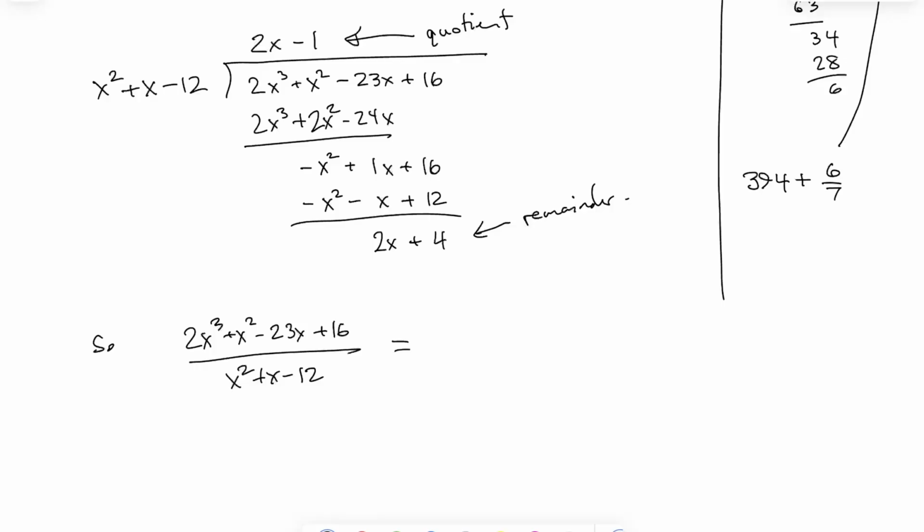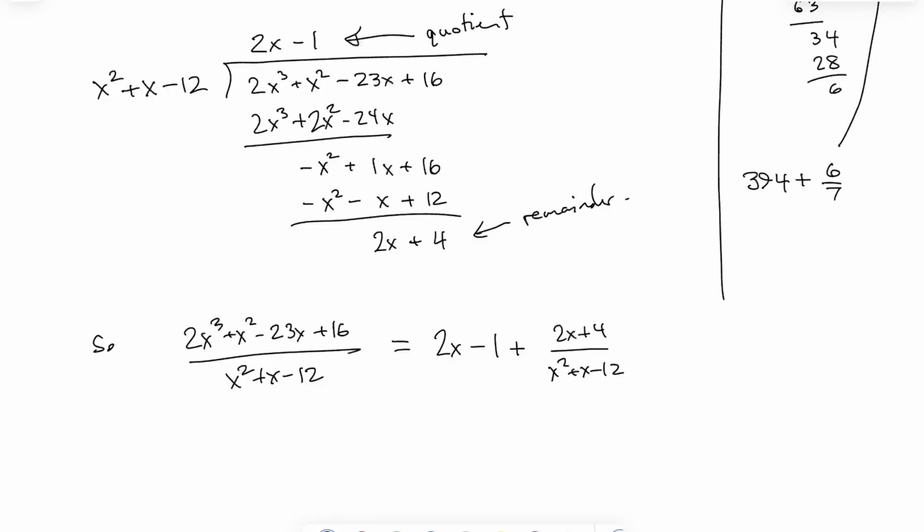The answer is 2x minus 1. And then plus some remainder piece, and that remainder would be 2x plus 4 divided by the original denominator, right? That's the remainder term. When you do this long division, you'll always get an answer part, the quotient, and then plus the remainder part. Although I suppose sometimes the remainder is 0.